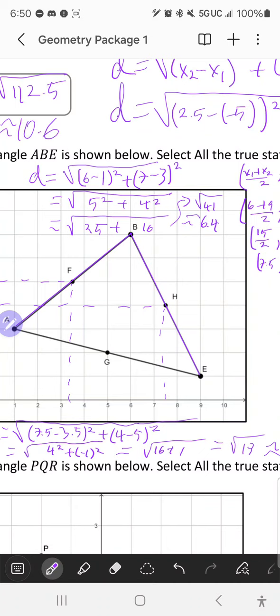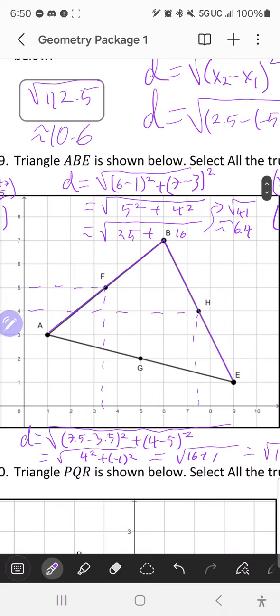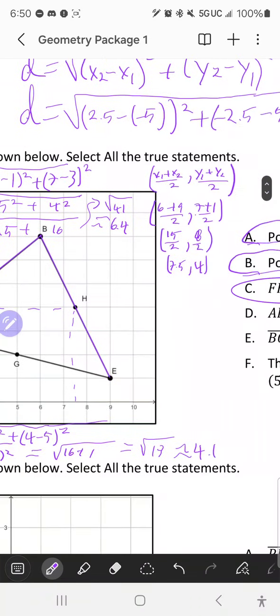Now let's calculate GH. For GH, we're going to use the same formula. I put it here.